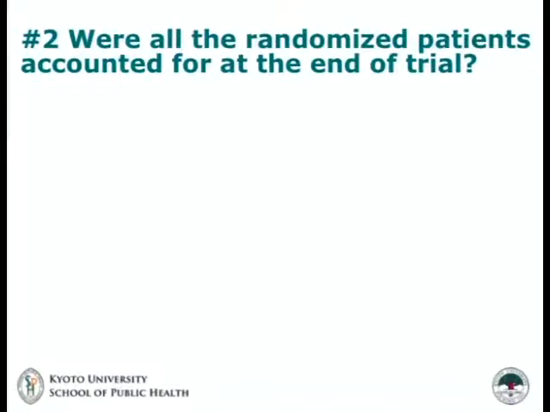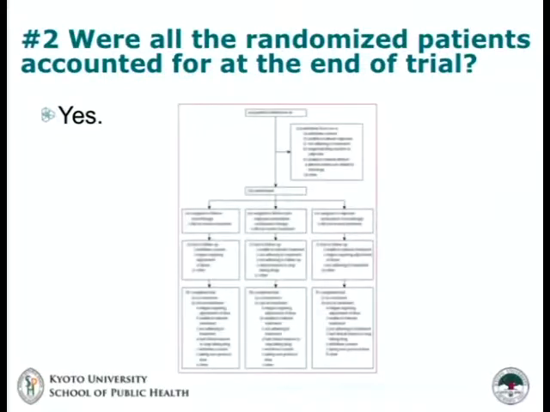Checkpoint number 2. Were all the randomized patients accounted for at the end of the trial? Yes. Nowadays, most, if not all, reports of randomized controlled trials have a flowchart like this.